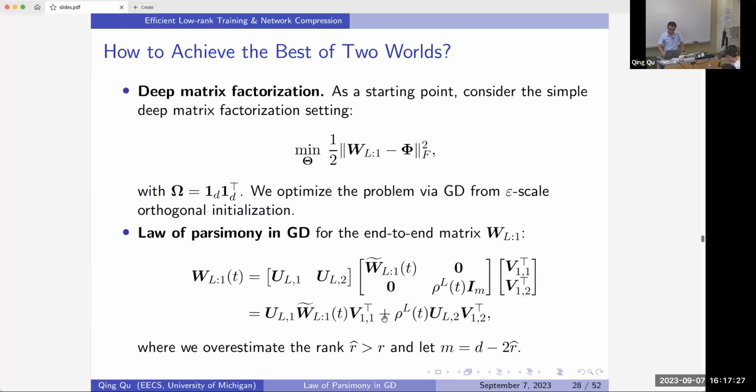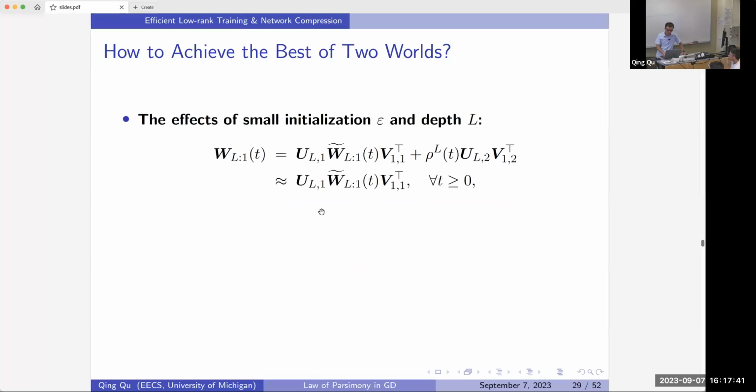Here the key is that if you use a very small initialization, the second part is very small, because it is raised to the power L. If you just ignore this residual part, then the weight is approximately equal to the compressed weights.